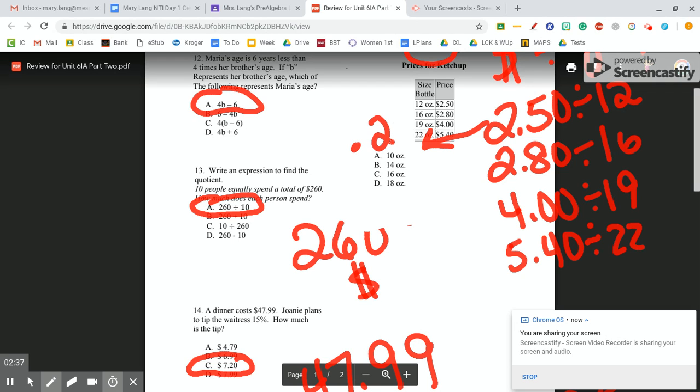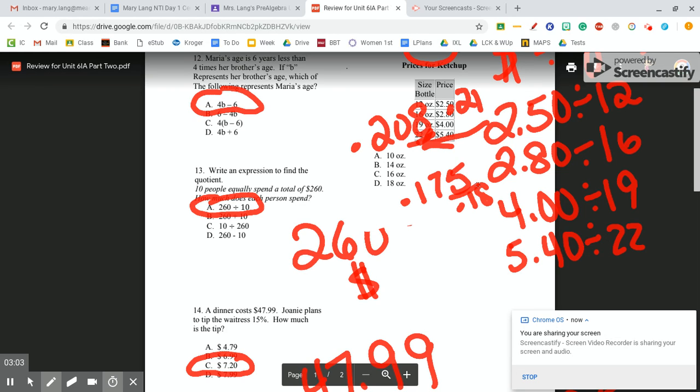I get 0.208, so I'm going to round that to 21 cents because that's 5 or higher. Now I do 280 divided by 16, and that gave me 0.175. So that's 0.18 because this number is 5 or higher.